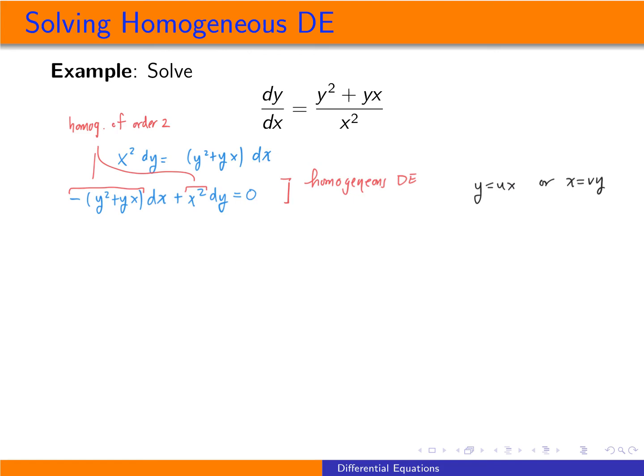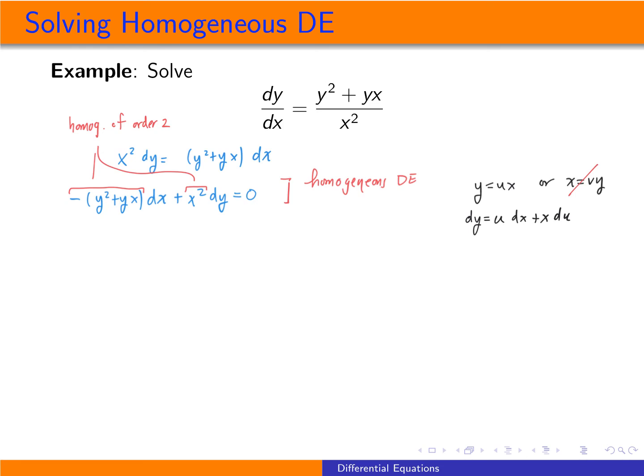Now, when it comes to deciding on the substitution, the dy term is simpler, so I'm going to use the y substitution. That would make dy equal u dx plus x du. And what I now need to do is substitute that in so that we end up with a differential equation only involving the variables x and u.